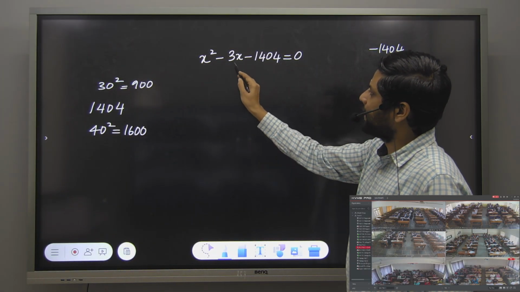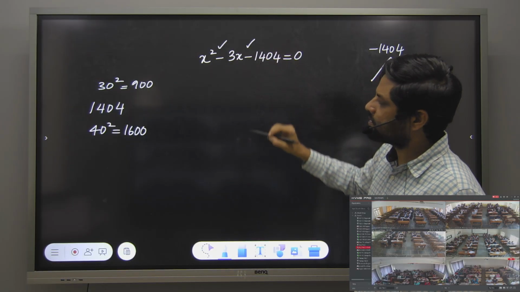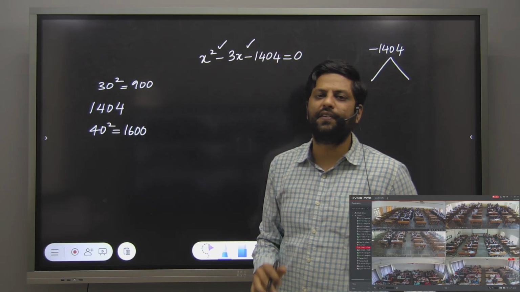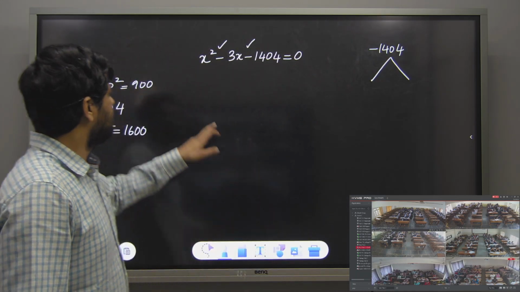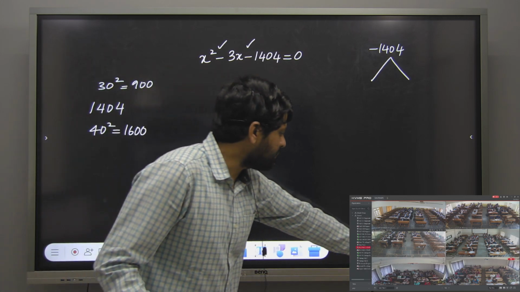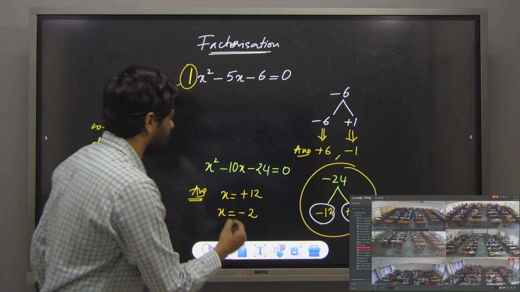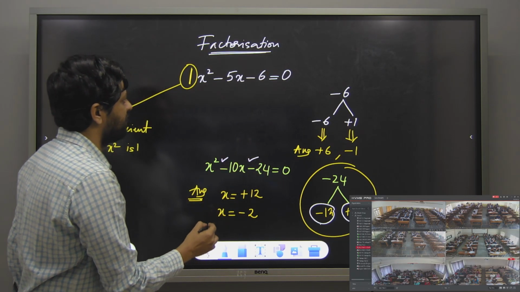If you observe minus 3, if both this and this are minus, it means we are talking about the difference between the two numbers. When you have minus here and minus here, it means one of the numbers is negative, one of the numbers is positive. Only then both will be negative.